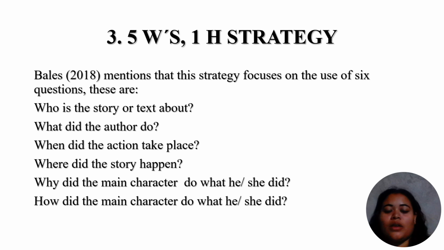Continue with strategy number 3, the five W's. These strategies can be used for the different levels in which learners need to summarize information that is necessary in an academic context.